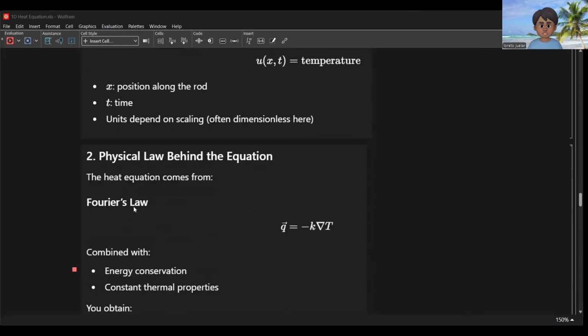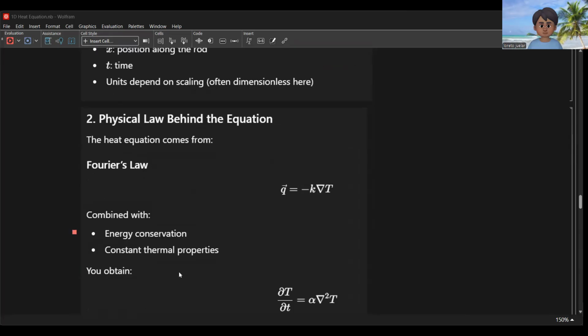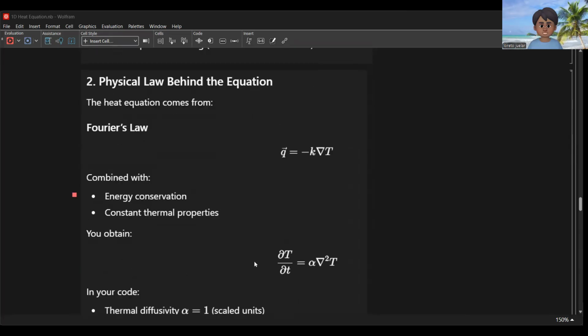So we have the physical law behind the equation. The heat equation comes from Fourier's law, where q as a vector is equal to negative k times the gradient of T. Combined with energy conservation and constant thermal properties, you obtain the partial of T with respect to time equal to the diffusivity times the Laplacian of T, the temperature.